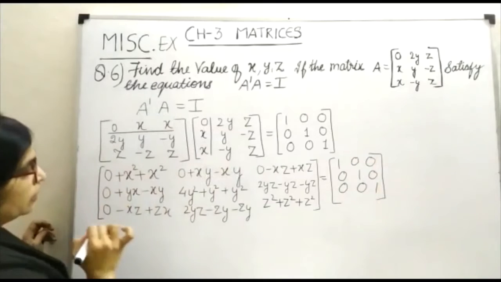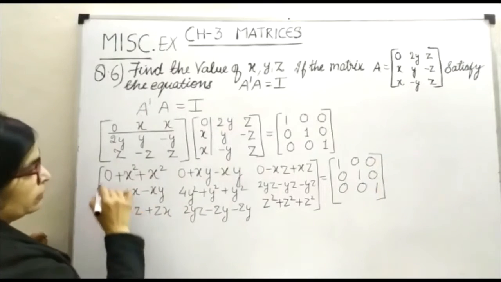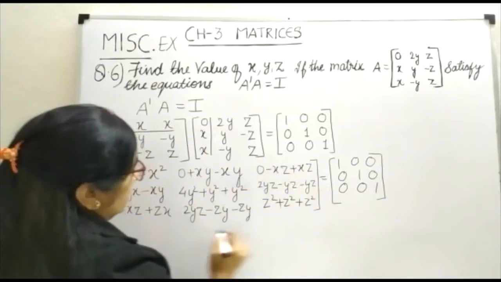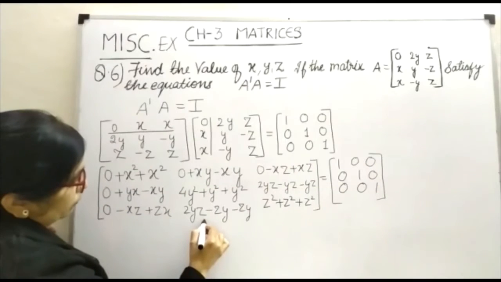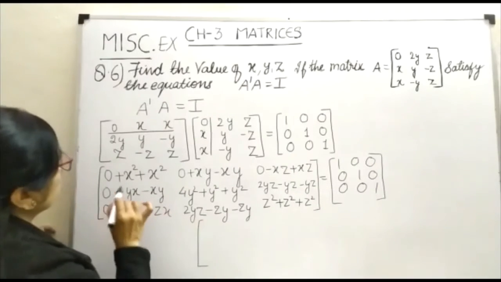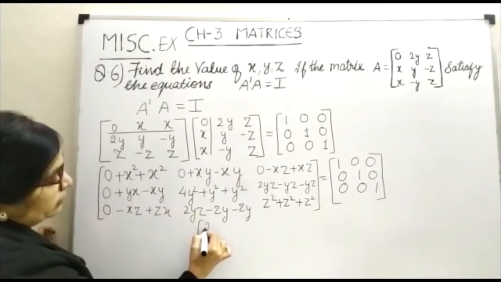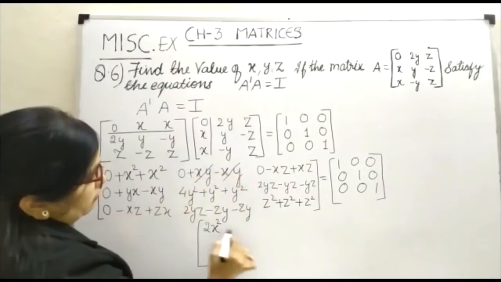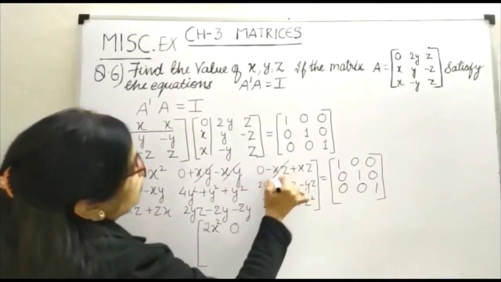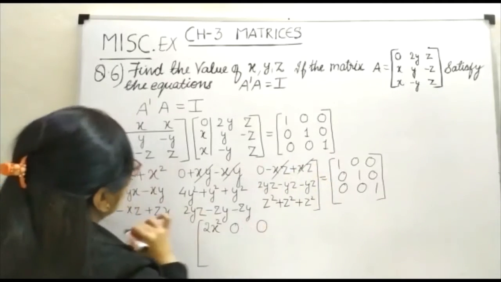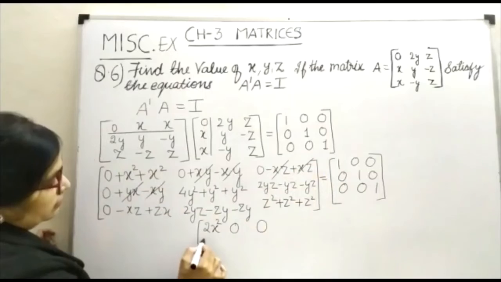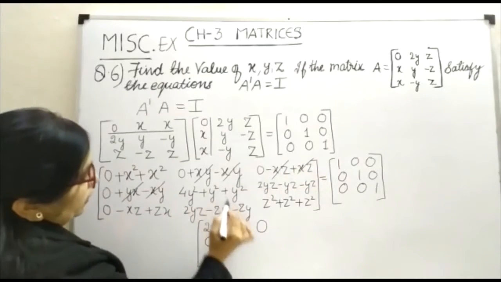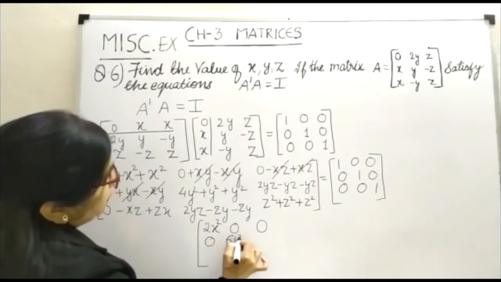Now let's see what we get when we simplify these terms. This is 2x square. Now these two terms will be cancelled, so here it is 0. Again these terms will be cancelled, here it is 0. Now this term is cancelled, it is again 0. It is 6y square.